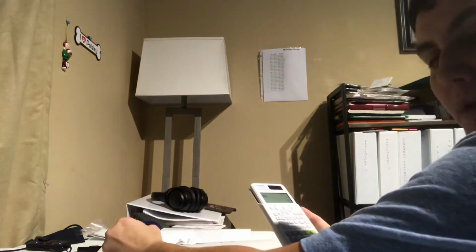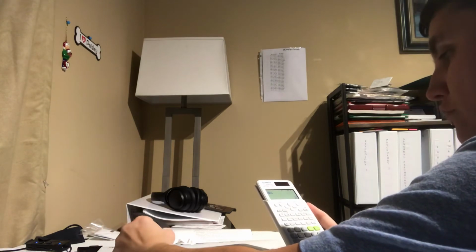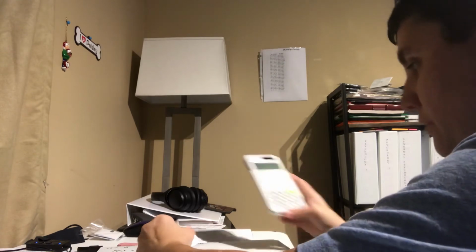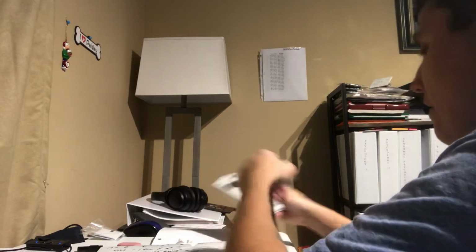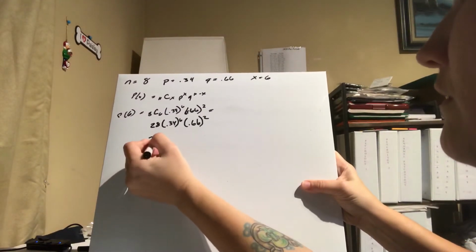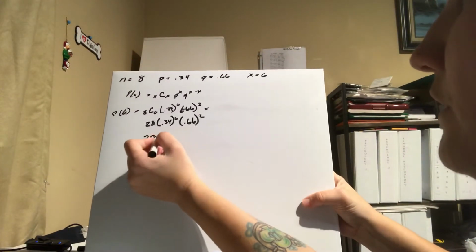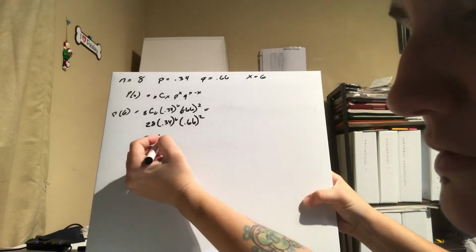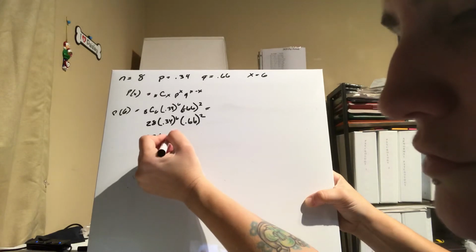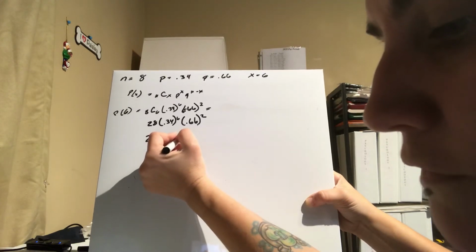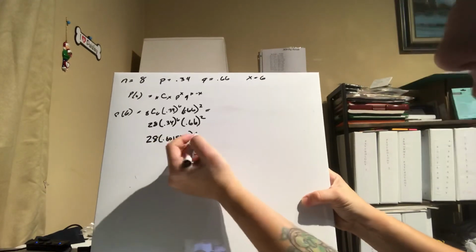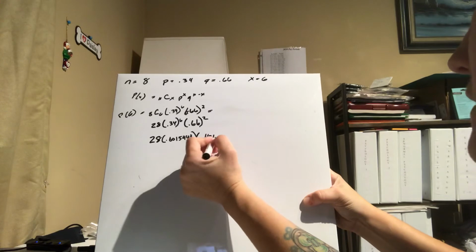So that would make it 28 times 0.34 to the 6th power times 0.66 to the second power, which makes that, because initially I wasn't able to figure it out on the calculator, I just did it myself by multiplying that 6 times by itself, which was 0.0154448, and 0.66 squared was 0.4356.